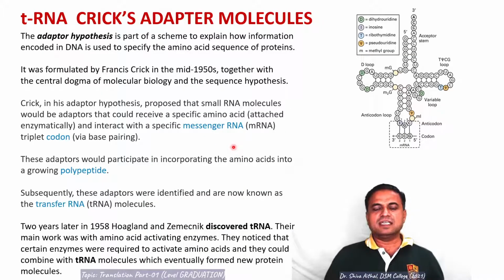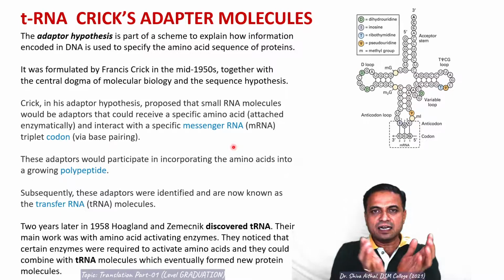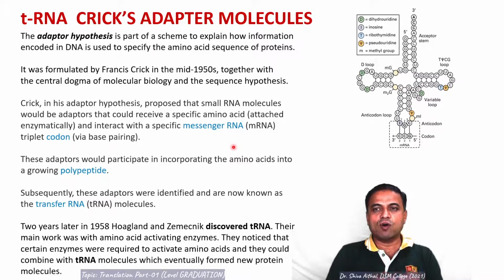So what is this tRNA? How were they discovered? First of all, tRNAs are RNAs, okay, but these are stable structures like the rRNA. What makes them stable? The internal folding, the secondary structure. Secondary structures are formed due to internal complementary bases.